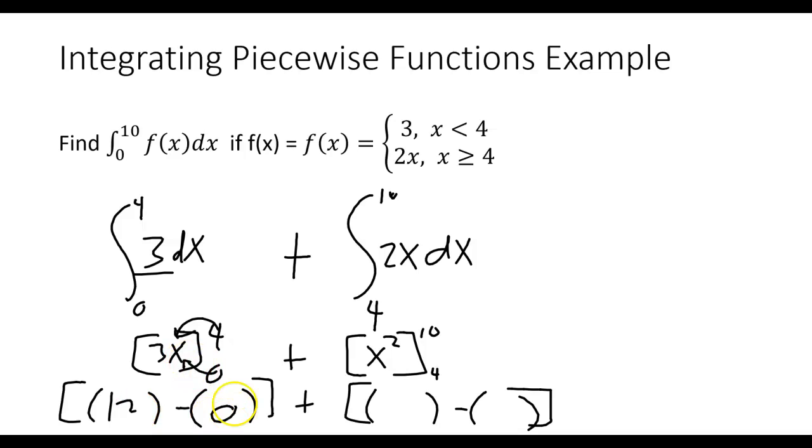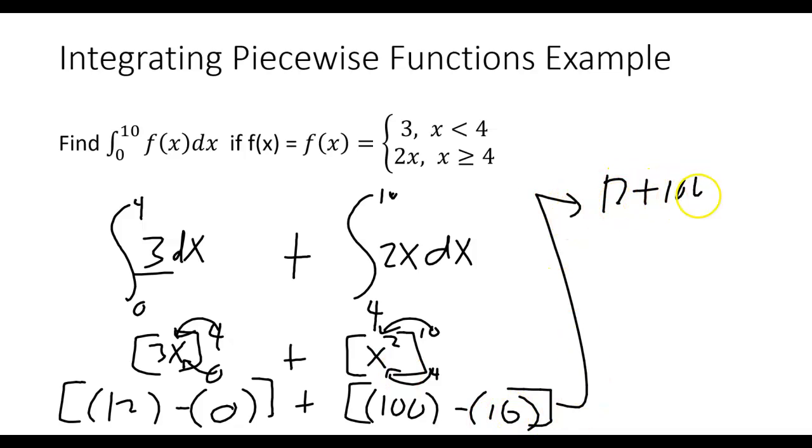I plug in 0, I get 0. I plug in 10, I get 100. I plug in 4, I get 16. And so I end up with 12 plus 100 minus 16, which is 96. All right, and so there's our final answer.